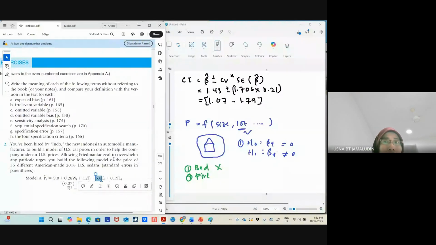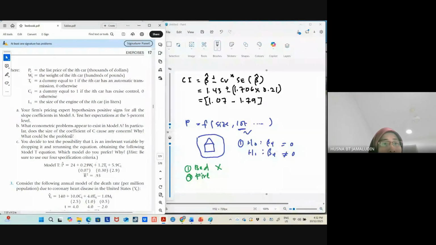For example, the brand of the car has a positive impact. The more branded the car, the higher the price, right? So when the brand has a positive impact and you omit it from the equation, the positive effect remains in the equation. That's why C becomes more positive. So that is the problem. Does the size cause a problem? Yes, because you have an omitted variable.